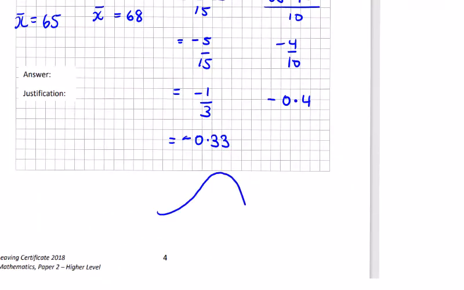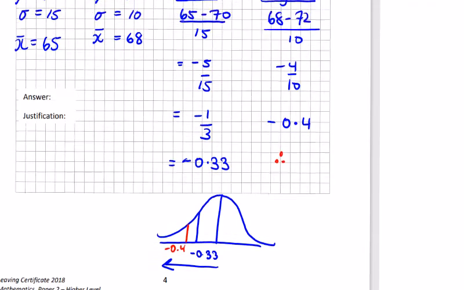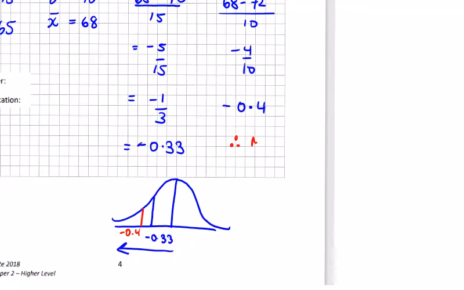Which is closer to the average is what we're looking at here. So minus is in this direction. Let's say that's minus 0.33. Minus 0.4 is to the left of that. So therefore, maths is the better result.